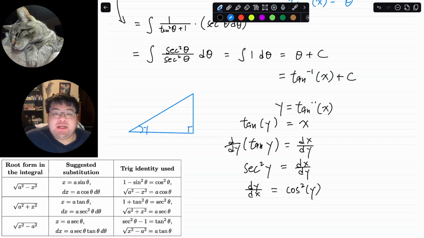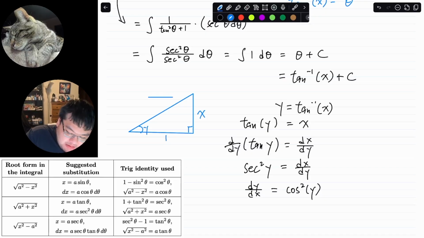What is tangent? It is the opposite side divided by the adjacent side, right? And x is just x divided by 1, so that means we have x and 1 here. Using the Pythagorean theorem, the hypotenuse will be the square root of 1 plus x squared.